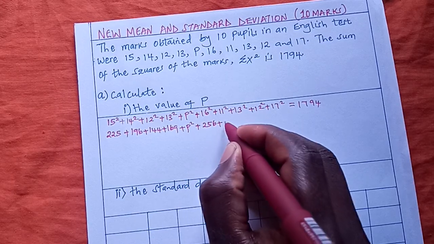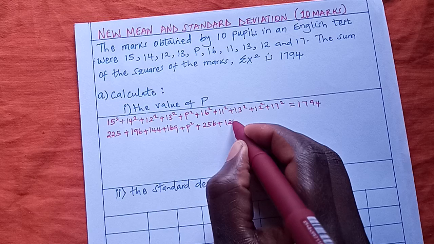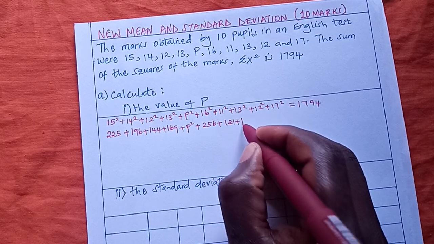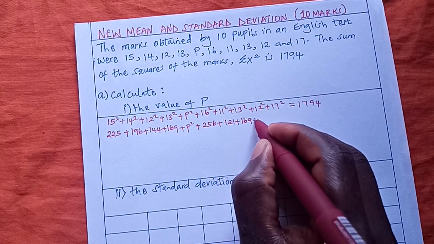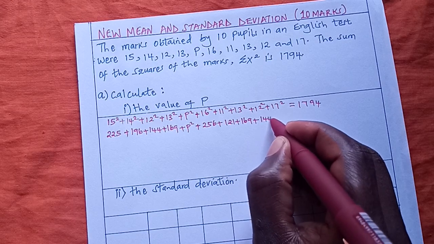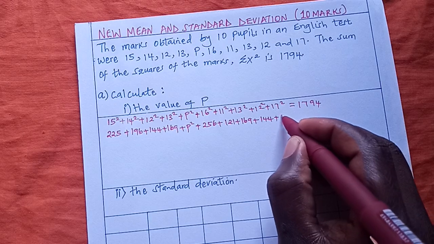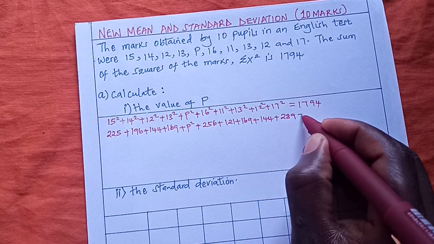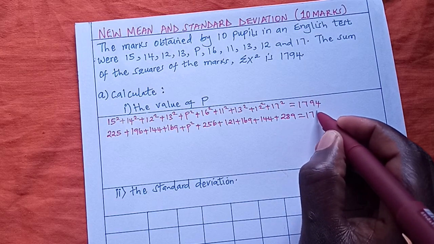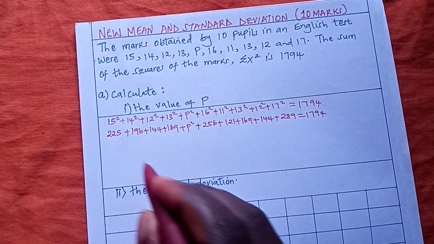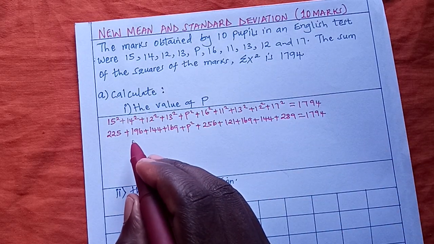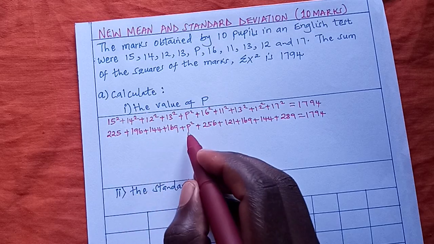The square of 11 is 121 plus the square of 13 is 169. The square of 12 is 144. The square of 17 is 289. This will give a total of 1,794.